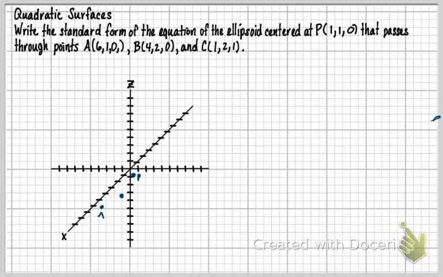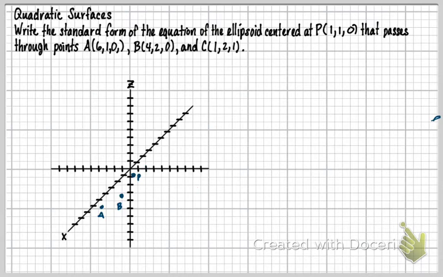This is A, this is B, and now C, notice what C does. I go up 1, I go to the right 1, nope, right 2. So it'll be here, there's my 2. And then up 1.